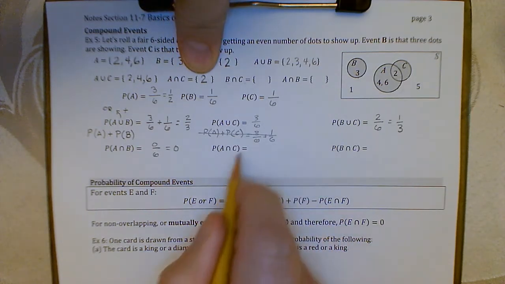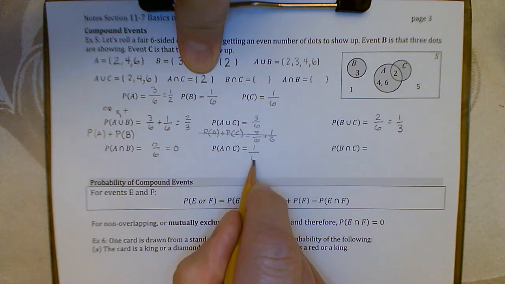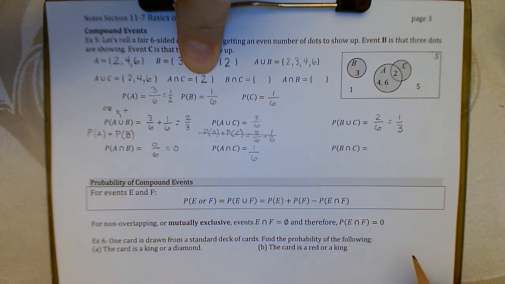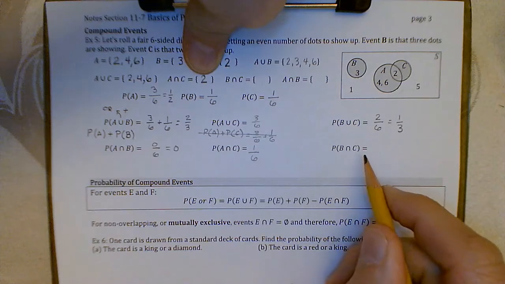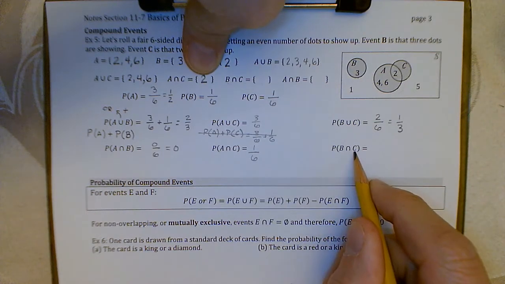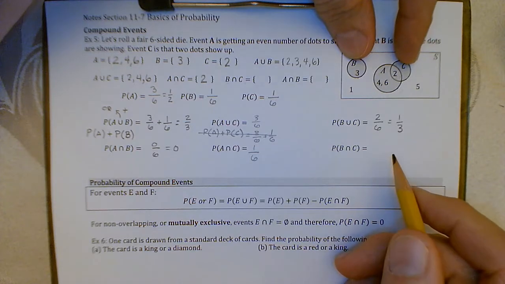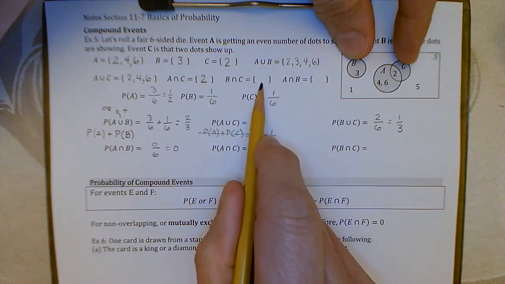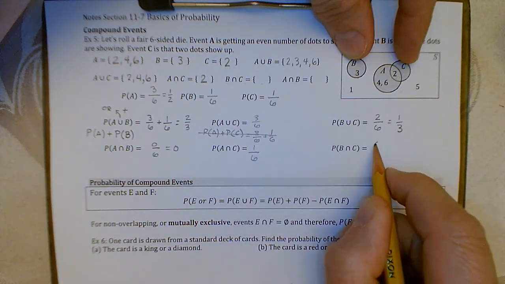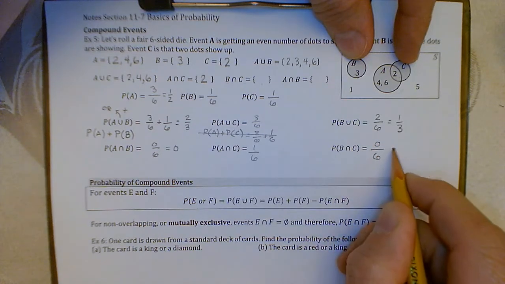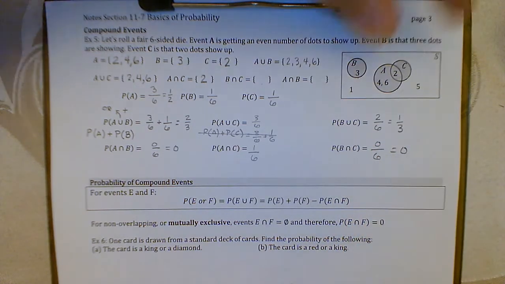There is 1 item in there, so this is clearly going to be 1 out of 6. And then B intersection C, again, there is no intersection of those. We saw that that was an empty set, so there are 0 outcomes out of 6, or 0 is the probability.